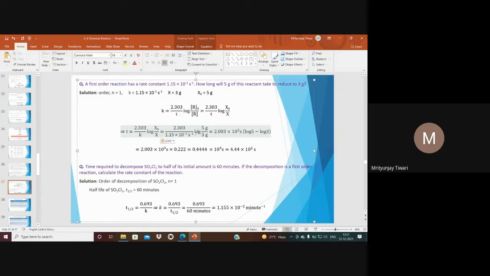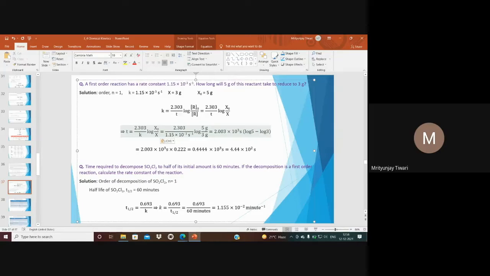So 2.303 divided by 1.15 into 10 to the power minus 3 is equal to 2.003 into 10 to the power 3. Per second becomes second, and minus 3 becomes plus 3 when it goes into the numerator, and 2.303 divided by 1.15 is 2.003.